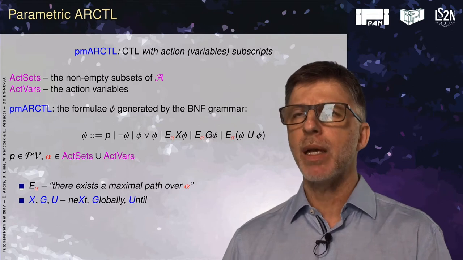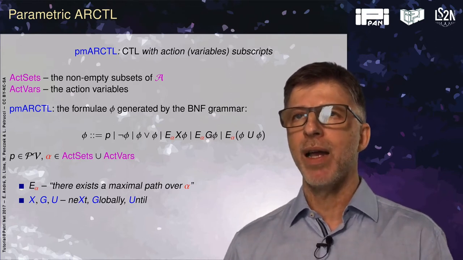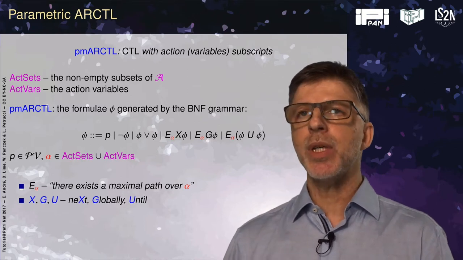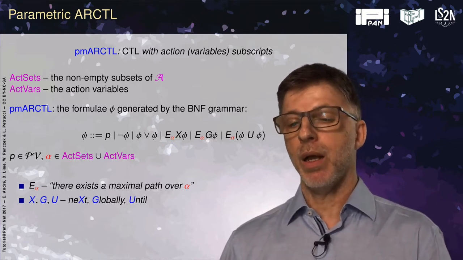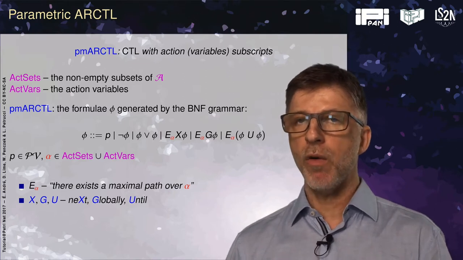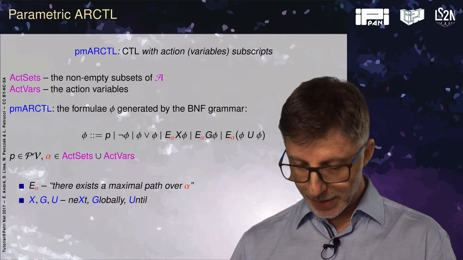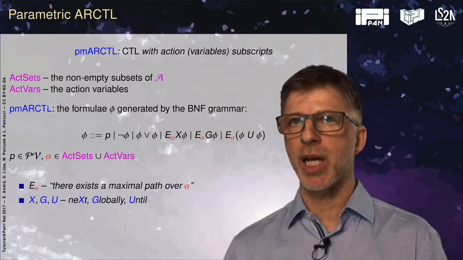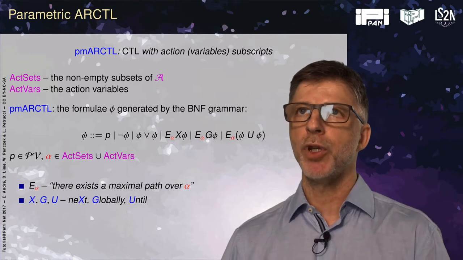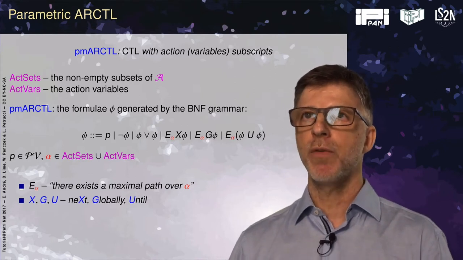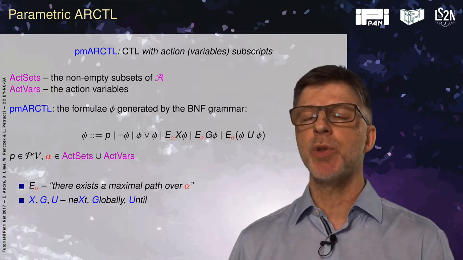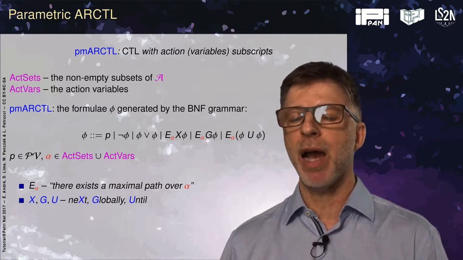Now, if you think of alpha as a set of actions, then the intuition is clear. We are looking for paths which are over this set of actions, namely the path which uses only actions from this set. It does not need to use all of them, but all the actions in a path are from that set.